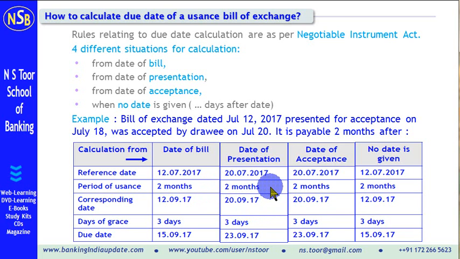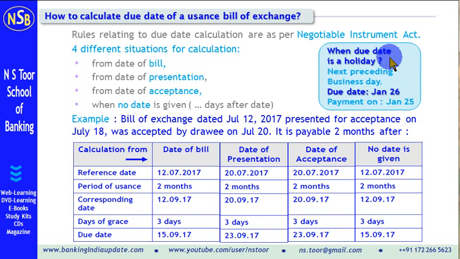After calculation of due date, on certain occasions, it is possible that this due date falls on a holiday. A holiday under Negotiable Instrument Act. So whenever the due date falls on a holiday as per Negotiable Instrument Act, then what has to be done? This rule has to be followed. When due date is a holiday, then the payment shall be made on the next preceding business day, not succeeding business day, preceding business day.